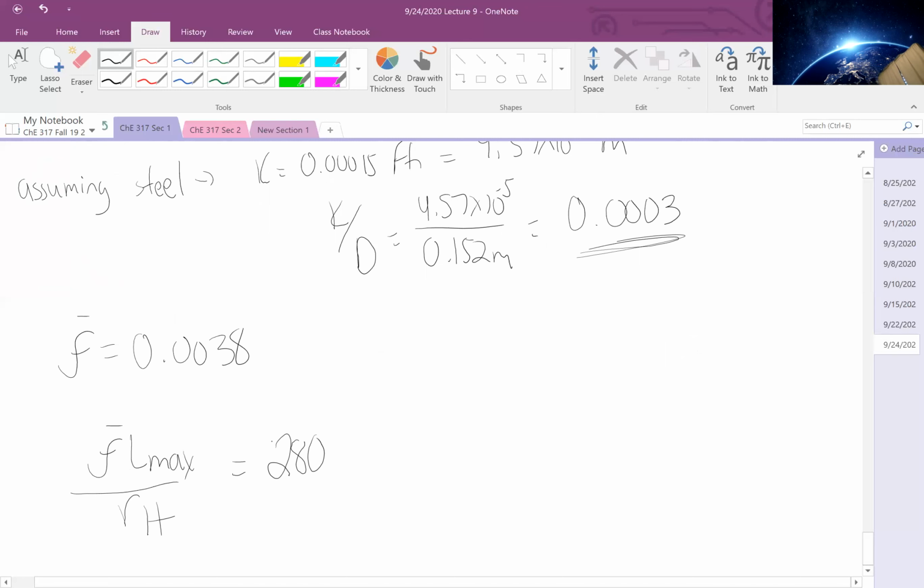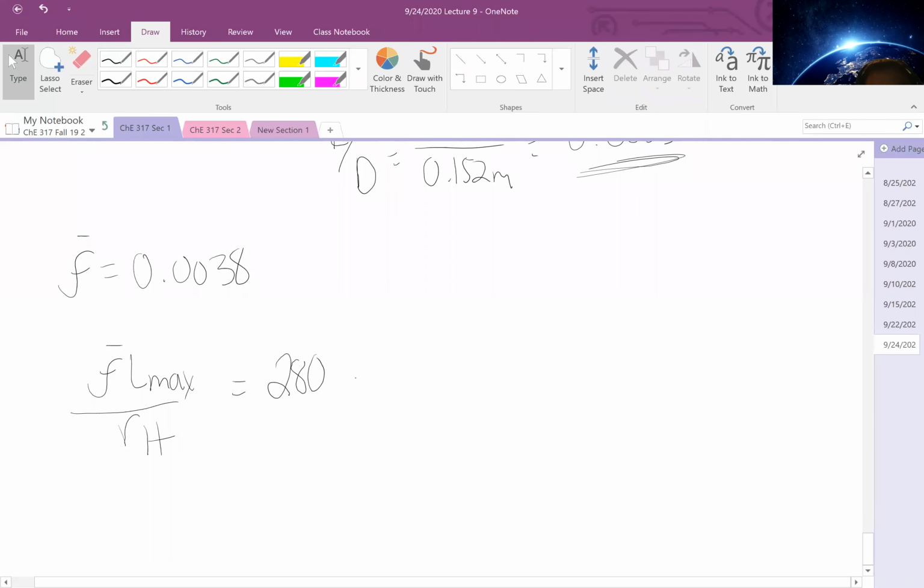Let me double check my friction factor value. That seems a little high. Oh, no, that works for us.